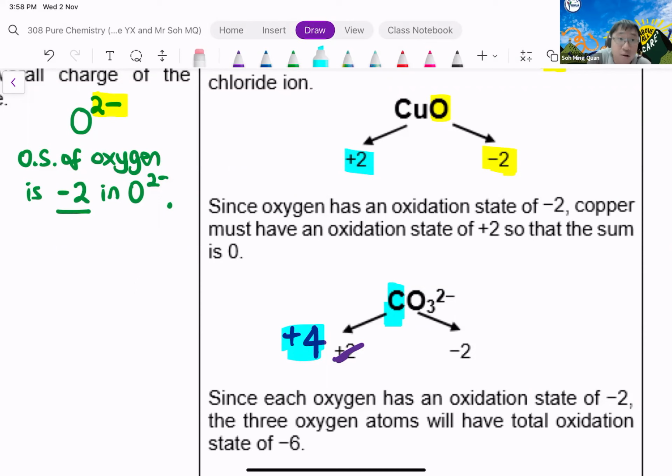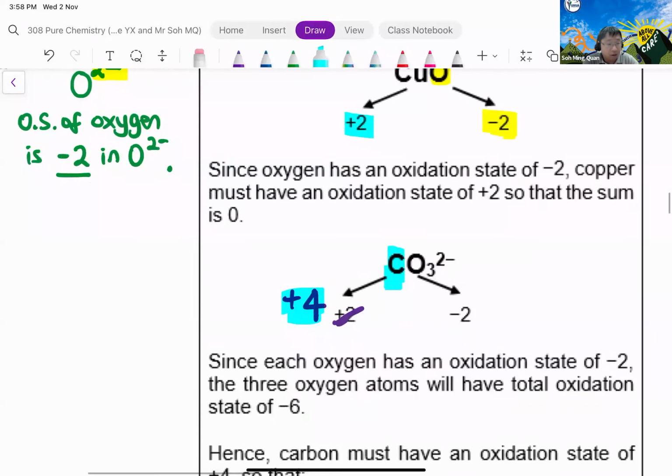So if each oxygen is -2, then the 3 of them together will have a total oxidation state of -6. How did I get -6? -6 is obtained by taking 3 times -2. So the important note is that you need to look at the formula. There are 3 oxygens, therefore 3 times -2. Okay?